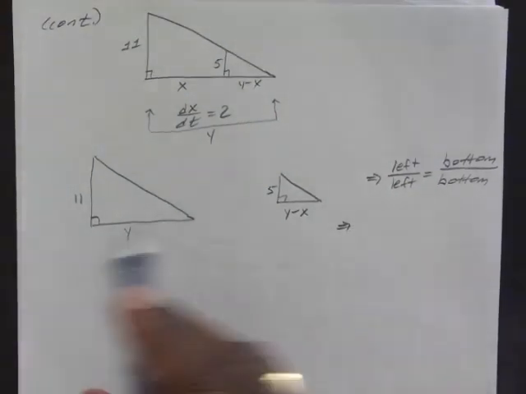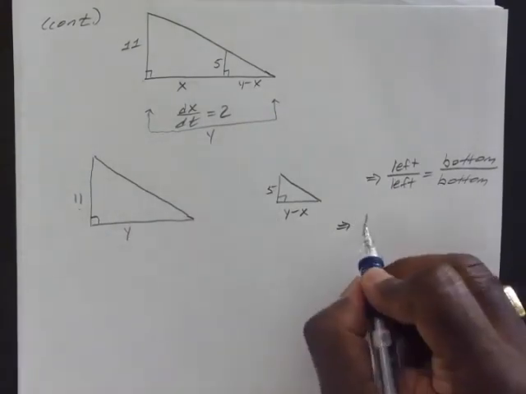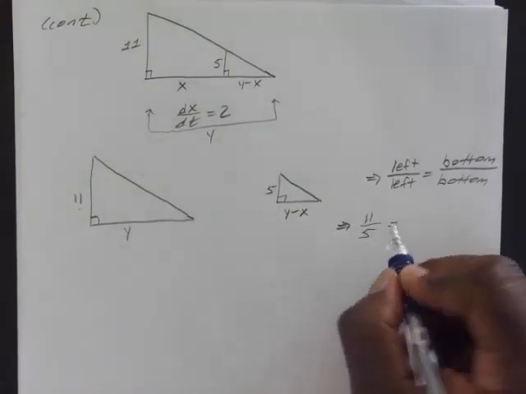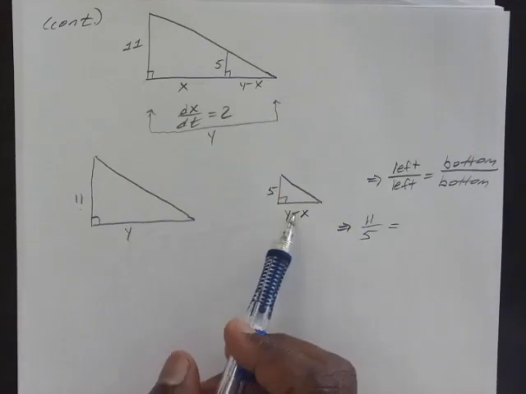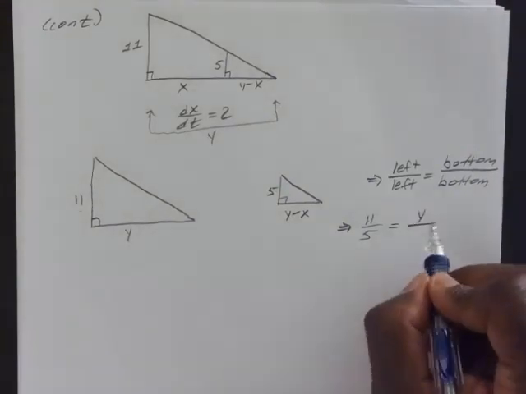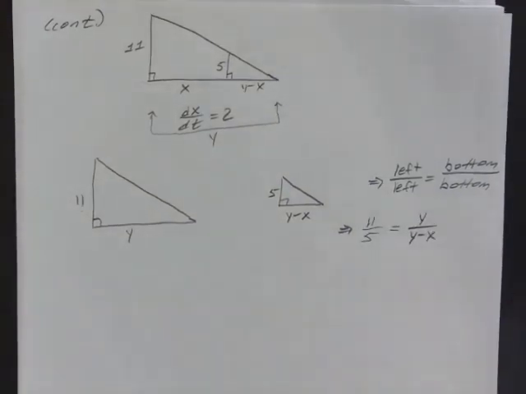So we have the ratio that 11 is to 5 as y is to y minus x. So with a question like this, you have to remember your ratios and proportions. They help.